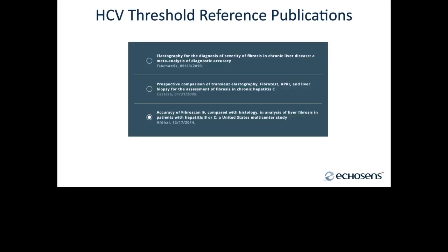Let's take a look at each disease. For example, if you were to use your MyFibroScan app and you were to set the etiology to hepatitis C, you would notice that you would have 3 threshold value publications from which to choose. In this case, you'll notice Afdal et al. is highlighted, but it is completely up to the clinician to appreciate, understand what these publications say, and pick the publication that they find to be most applicable for their patient's condition.